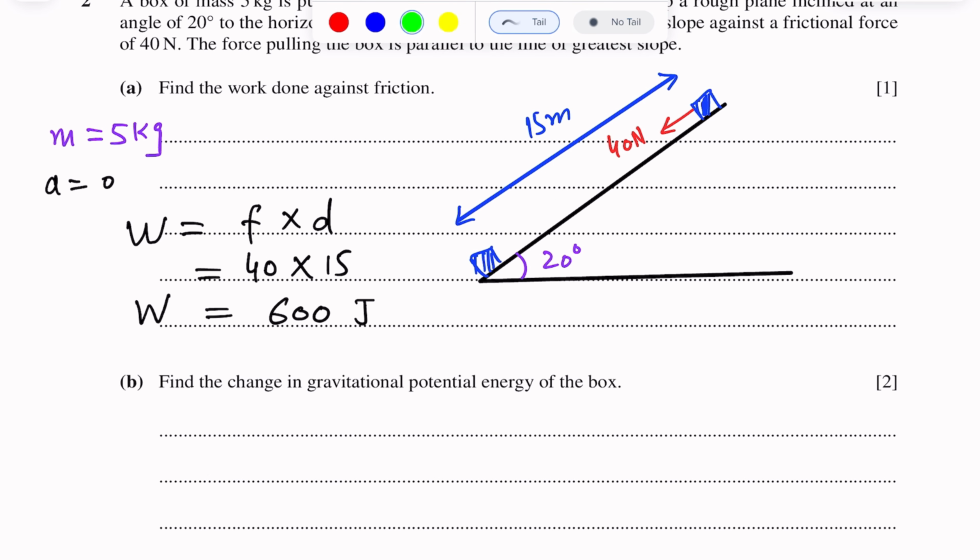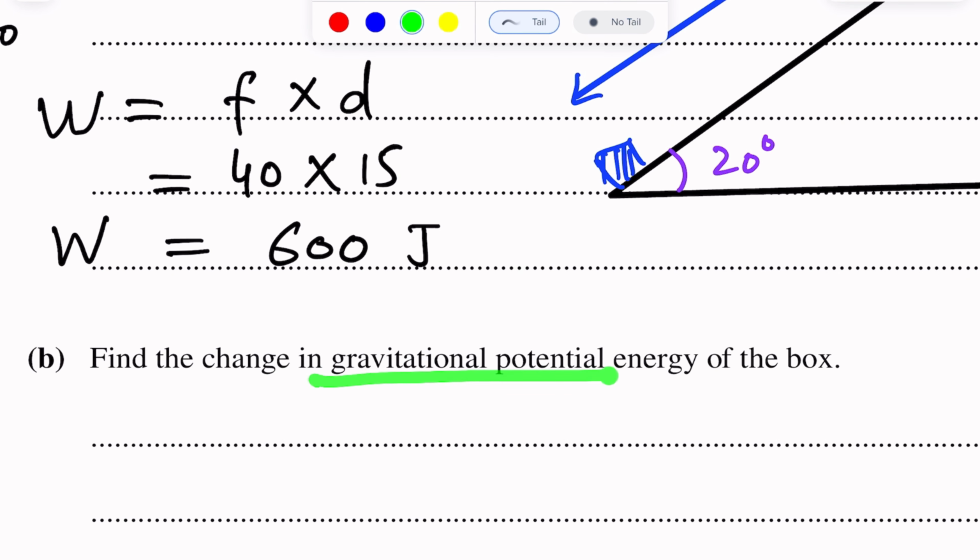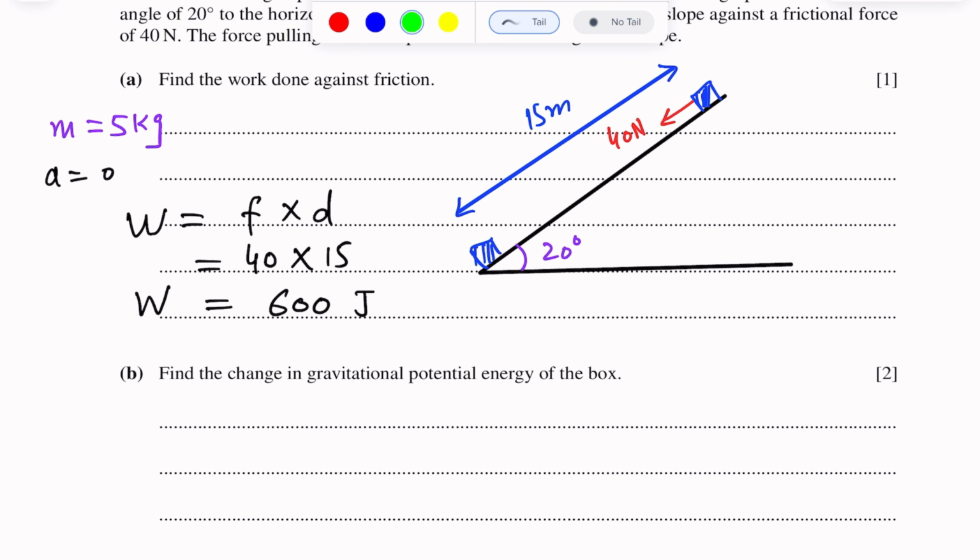Part B of this question is: find the change in gravitational potential energy of the box. When the box is pulled upward, its height increases, so potential energy increases. At this point, potential energy is zero, but at this point it is at a height h.